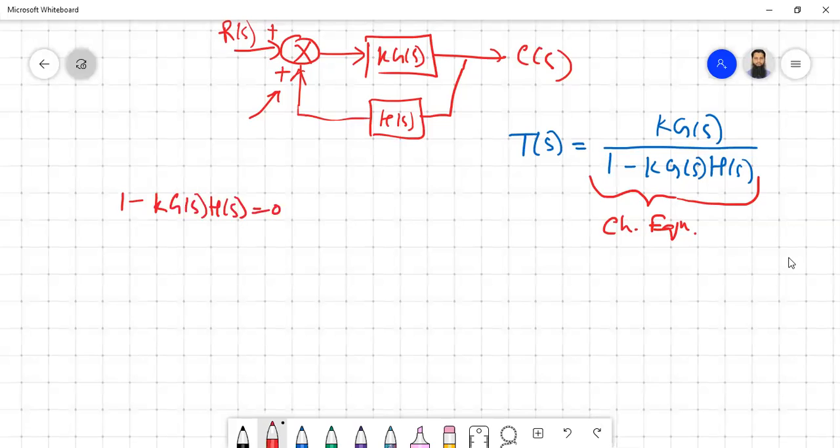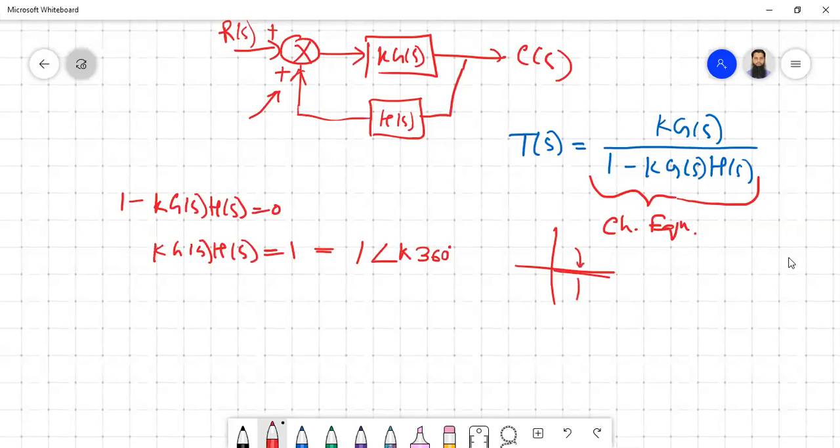That means K G of s H of s equals 1. As before, we present this in polar coordinates. The magnitude has to be 1, and the angle has to be k times 360 degrees.